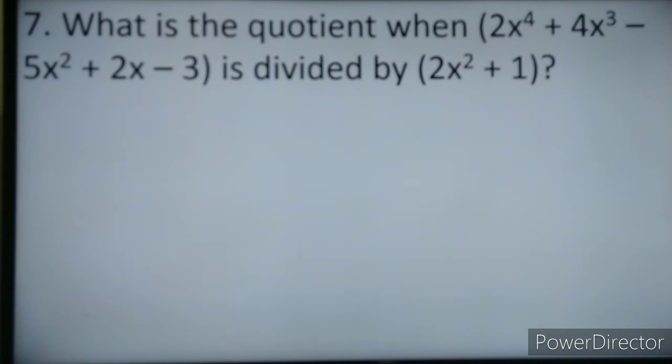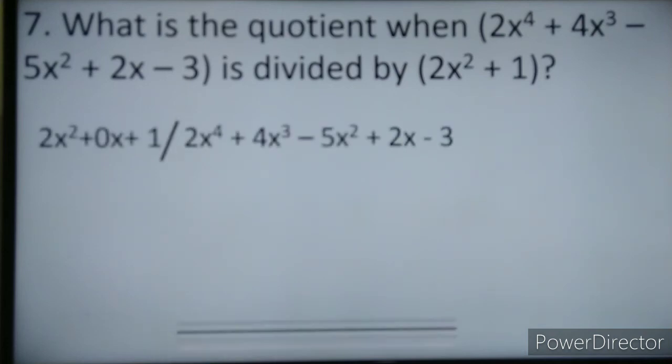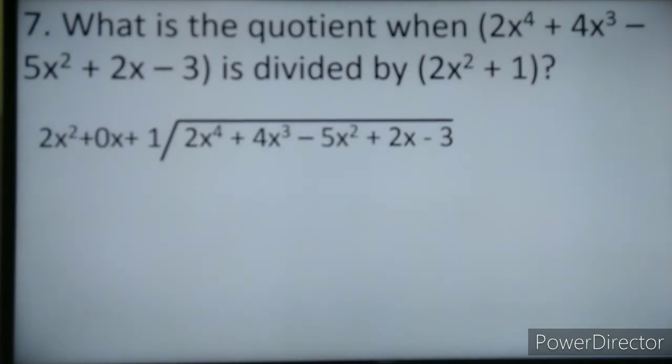So let us see the solution. Using the long division method, 2x raised to 4 plus 4x cubed minus 5x squared plus 2x minus 3 divided by 2x squared plus 0x plus 1. As you will observe, we added 0x in the divisor.